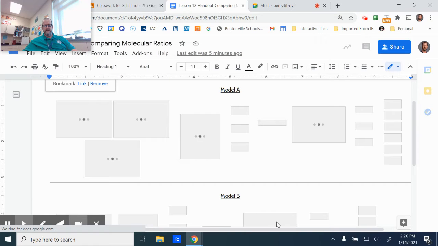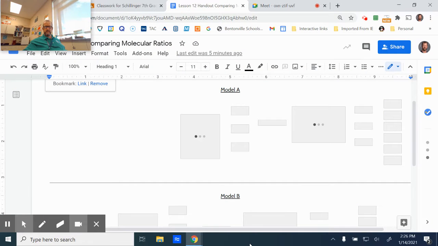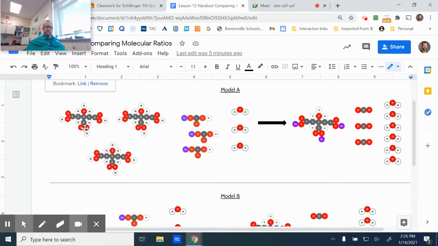It shows us the citric acid, baking soda, and water molecular reaction. So let's say in model A, we have 3 citric acid molecules, we have 3 baking soda molecules, and we have 3 water molecules. These are known as reactants. These are on the left side of the reaction.